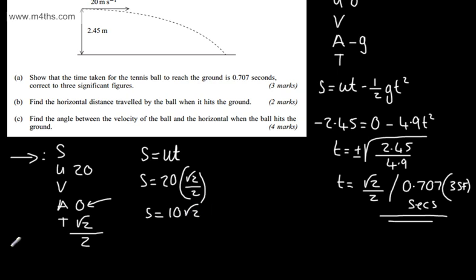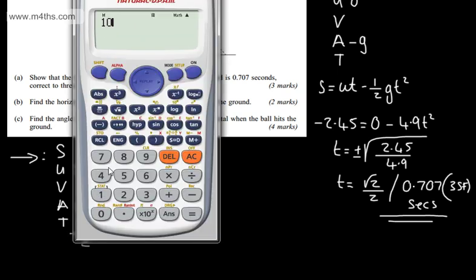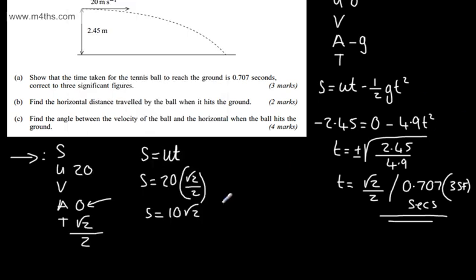Root 2 is about 1.4, so 10 lots of root 2 is about 14.14. So s is going to be 14.1 meters, and that is correct to 3 significant figures. So that's what we've got.